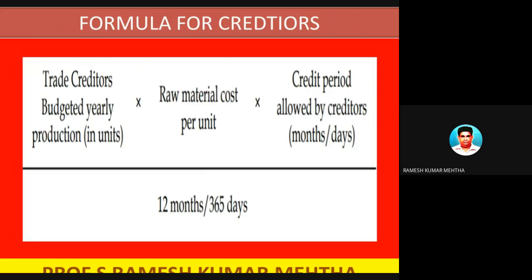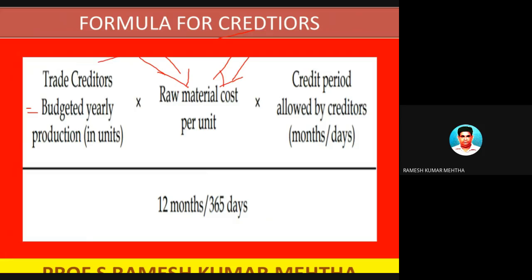Whenever you are purchasing raw material on credit basis, whenever creditors are talked about, we are supposed to take raw material cost per unit. So this is the formula to be adopted to find out the amount of money which the company, or the business entity, has to pay at any given period of time.